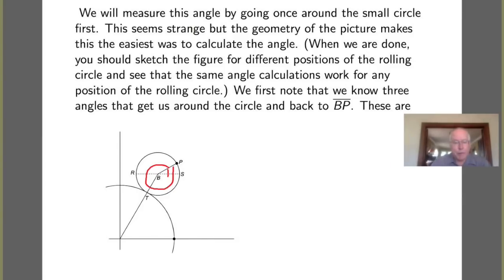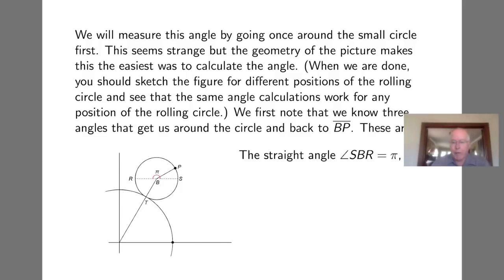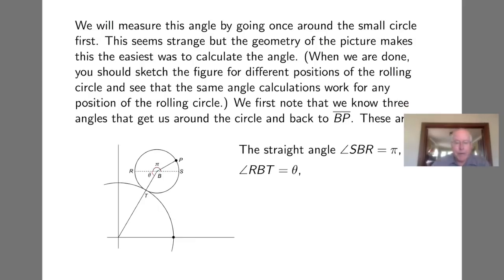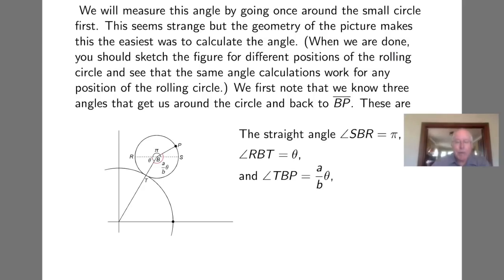So why is that angle easier? Well, we know three angles that lead up to that. First of all, the straight angle SBR has measure pi because it's a 180-degree angle. So as we go from BS to BR through an angle, that angle is pi as indicated on the figure. Next, we have the angle RBT. As we saw earlier, that angle has measure theta. And then finally, to complete the trip around to the segment BP, we have the angle TBP, which we calculated earlier as b over a times theta.